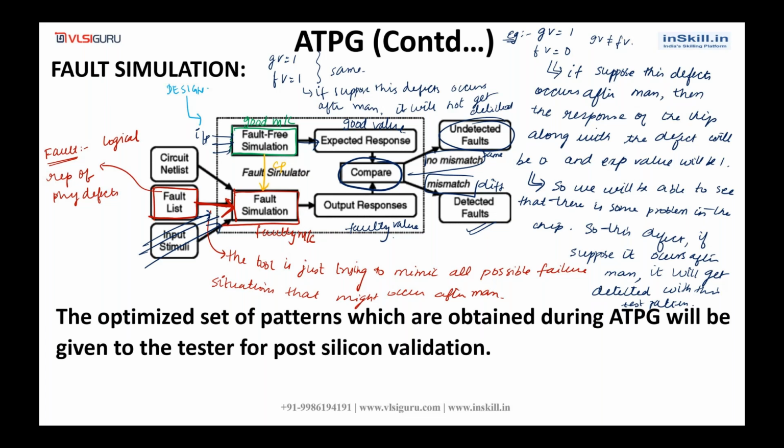So during ATPG, there are no actual failures. What is the tool trying to do?